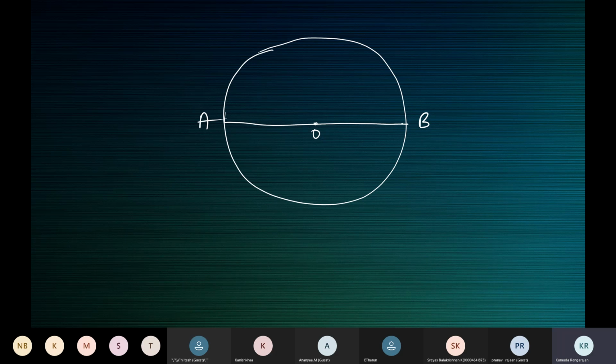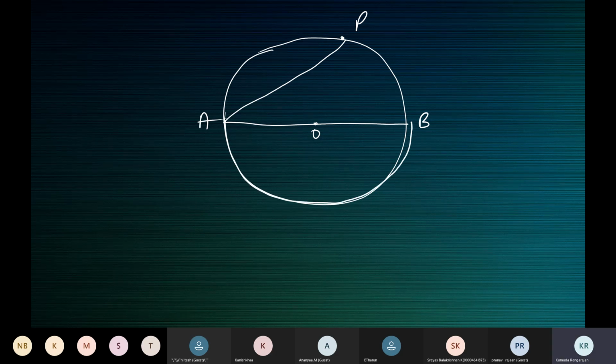This arc is a semicircle, and this arc is also a semicircle. Now angle in a semicircle is a right angle. This is a semicircular region. Now choose any point on the circumference, we call it P. Join A to P.